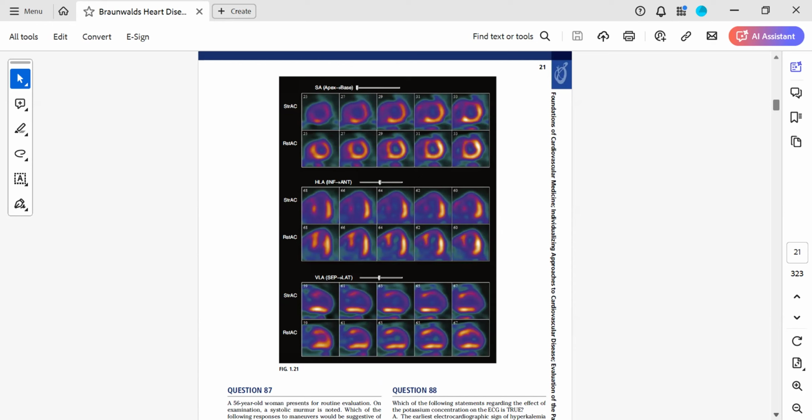But during stress, you can see it extending from about 9 o'clock till about 1 o'clock.